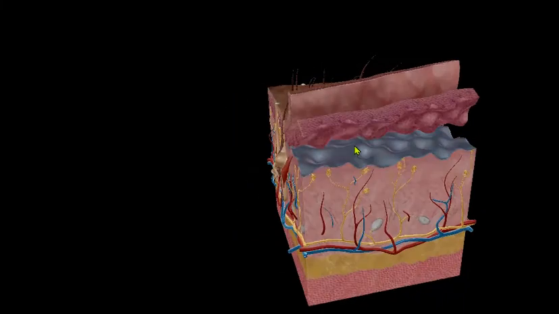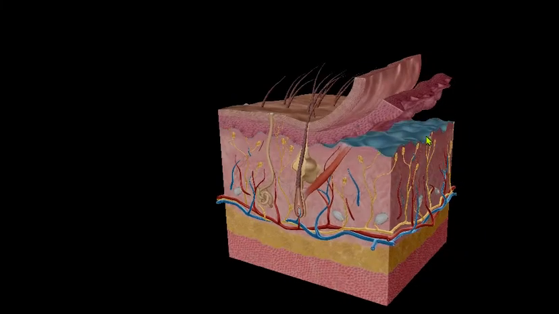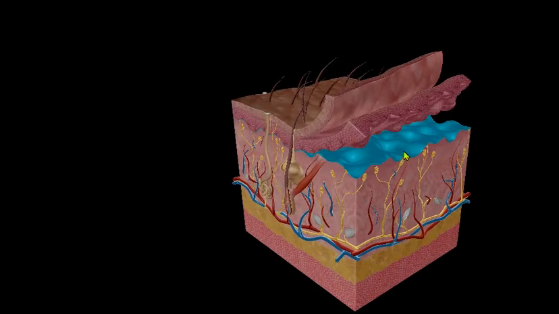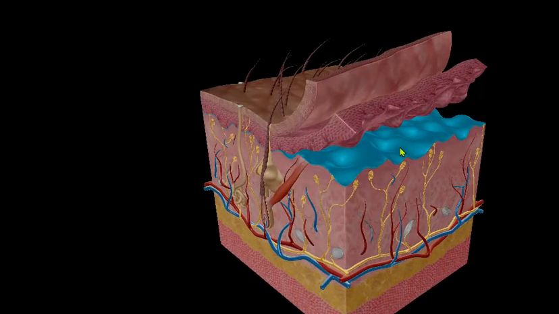Of course, when you talk about the skin, you're talking about the cutaneous membrane, and it consists of two main components. The area that we're highlighting here in blue is called the basement membrane. The layers found above this basement membrane are referred to as the epidermis, and the layers found below it are referred to as the dermis.